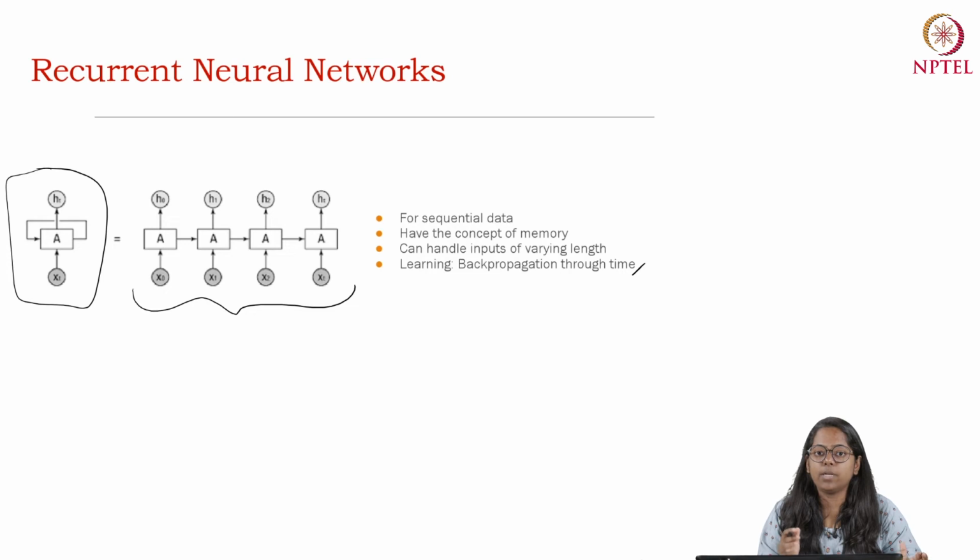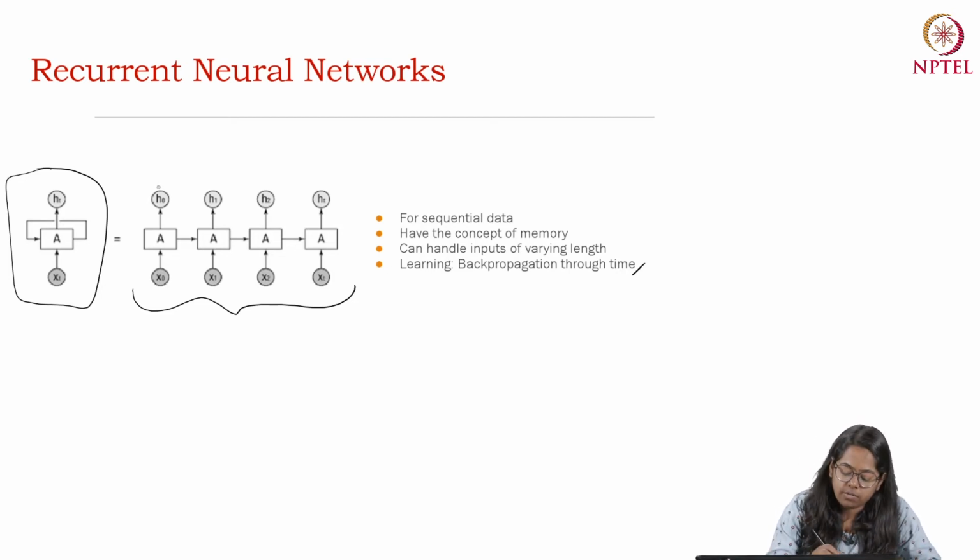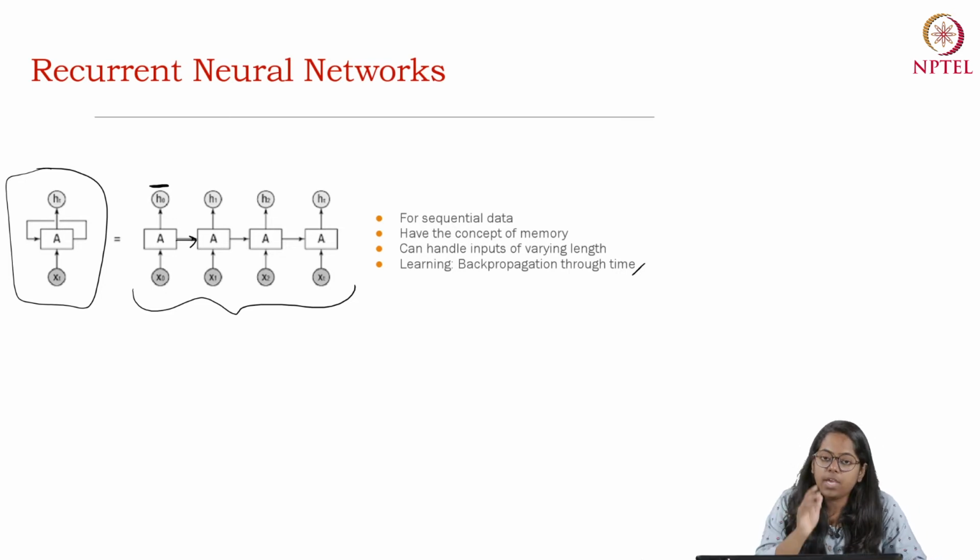So suppose at timestamp 0, we are passing the input x0 to this whole architecture, and this input x0 is being processed by this unit A, and whatever information it is learning at this time step is captured in the hidden state h0, which can be passed on as an output, as well as passed on to the next timestamp where the input x1 comes into play.